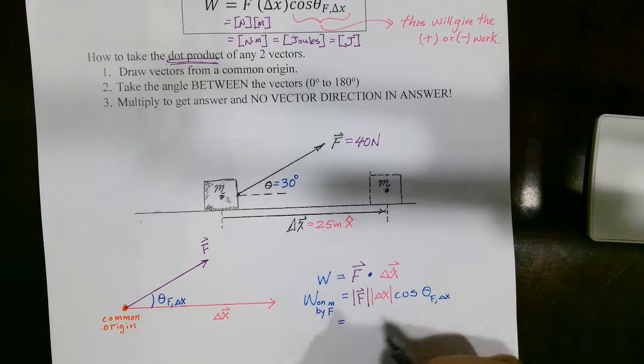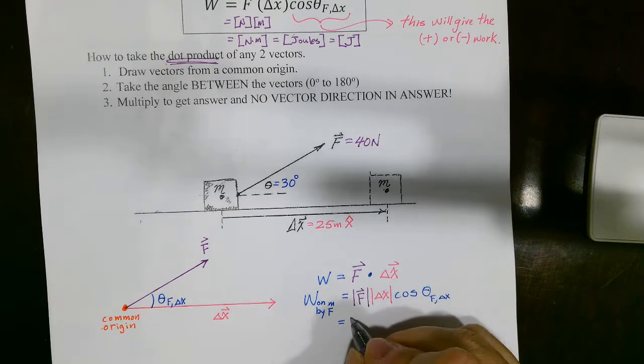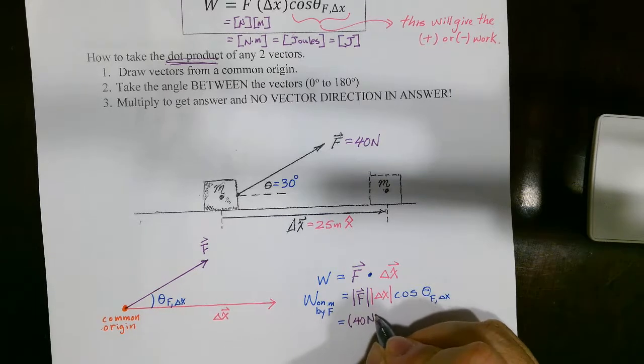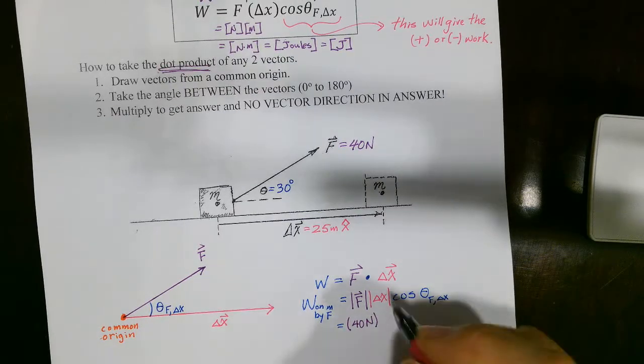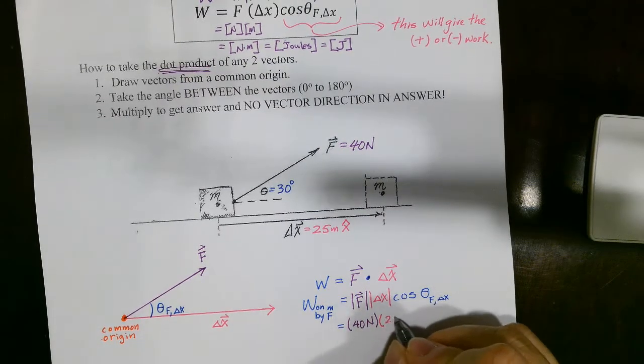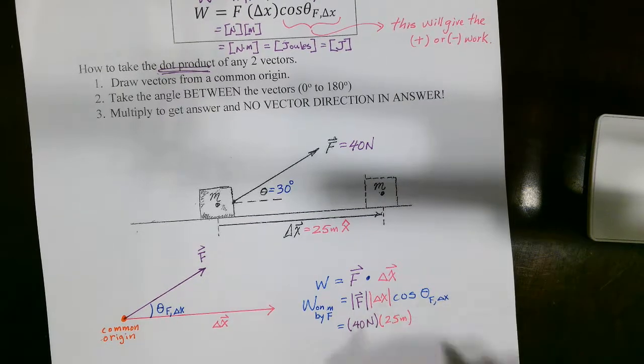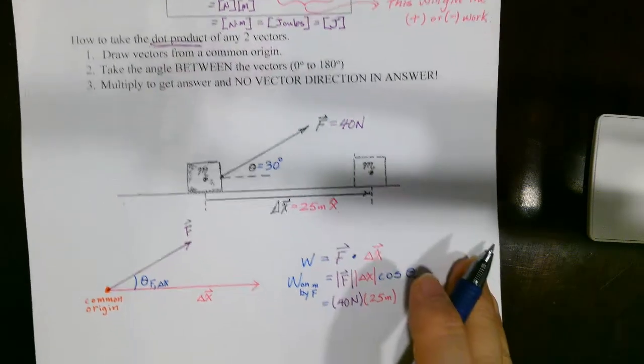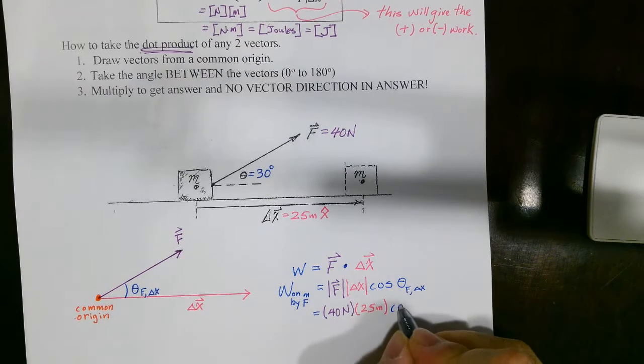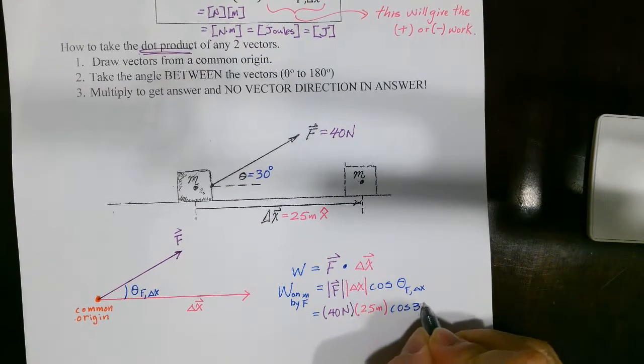So here, my force happens to be 40 newtons, my delta x happens to be 25 meters, and the cosine of the angle 30 degrees.